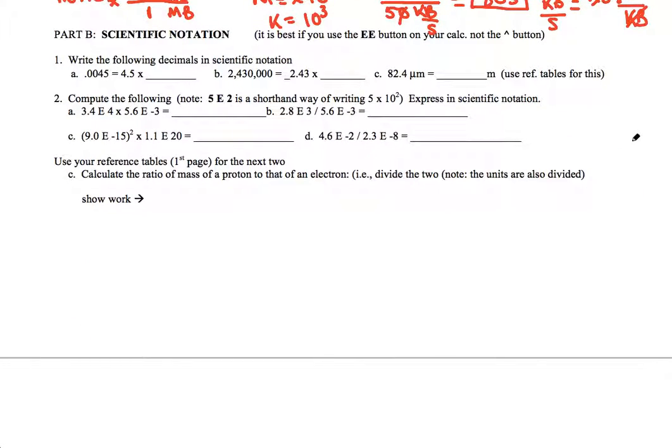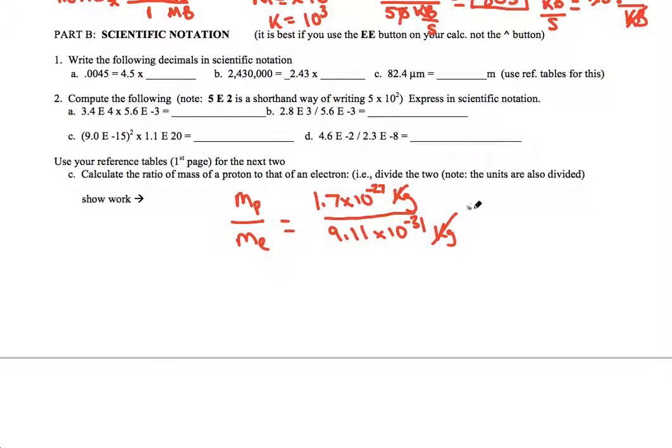The next one that people had issues with was the ratio of the mass of a proton to that of an electron. I want to look up the mass of the proton, and then divide that by the mass of the electron. If you look up the mass of the proton, you get 1.7 times 10 to the minus 27 kilograms, and the mass of the electron is 9.11 times 10 to the minus 31 kilograms.